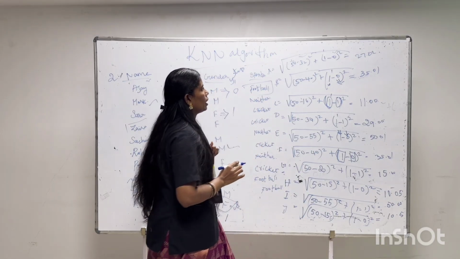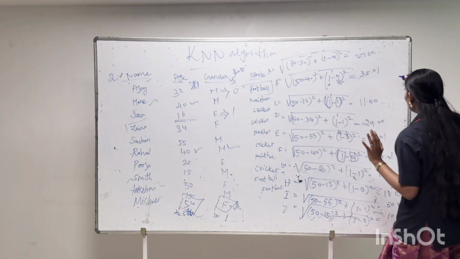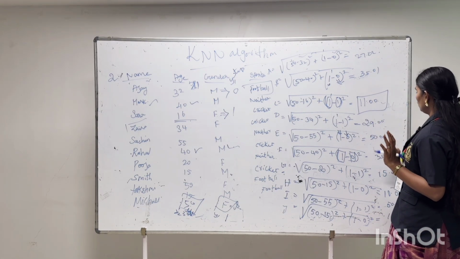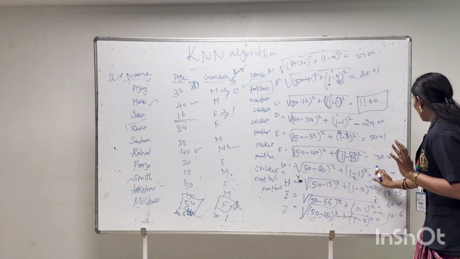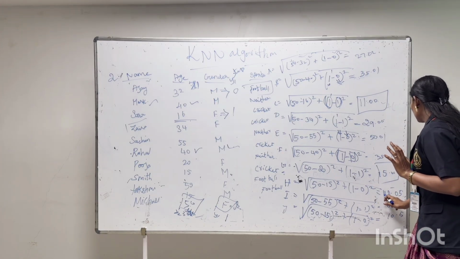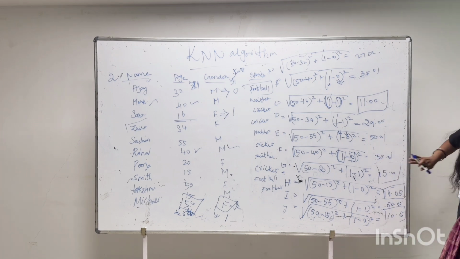Our step 3 is we are going to take the minimum values from this. 11 is minimum, and 15 is not the minimum.